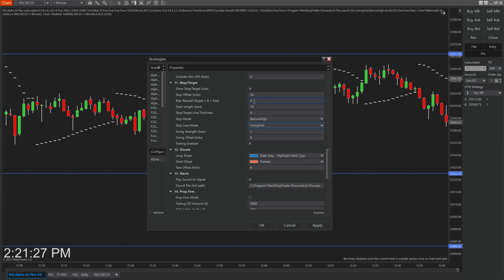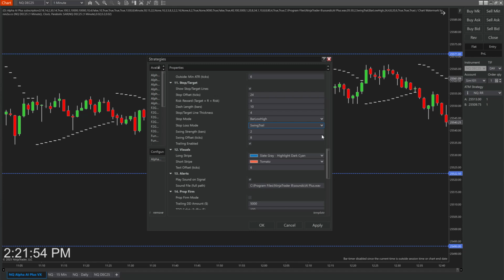Anyway, so your target is going to be there anyhow, even if you're using trail stop, which is a very cool feature. So I prefer in the manual trade, we're using a swing trail, even though we move our stop manually. But in case we get busy and there is a signal coming and a power outage happens, whatever, your stop mode is going to be swing, it's going to lock in profit for you along the way, which is very cool.